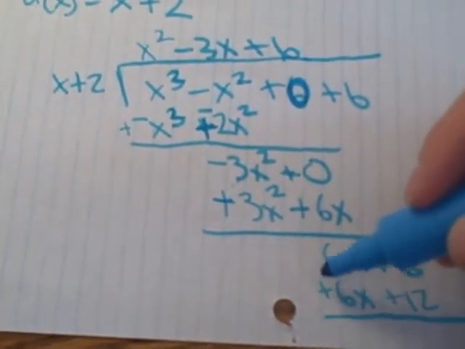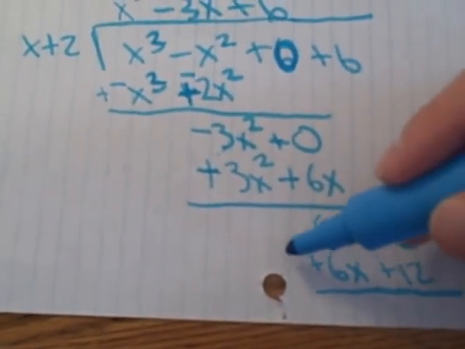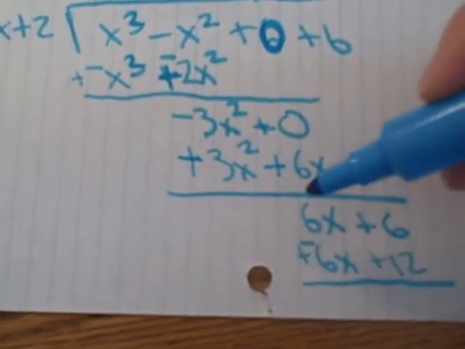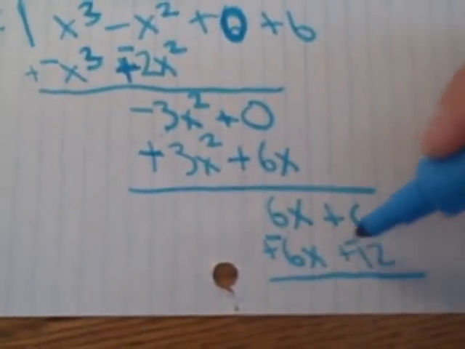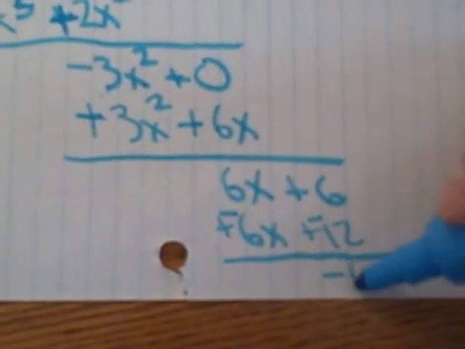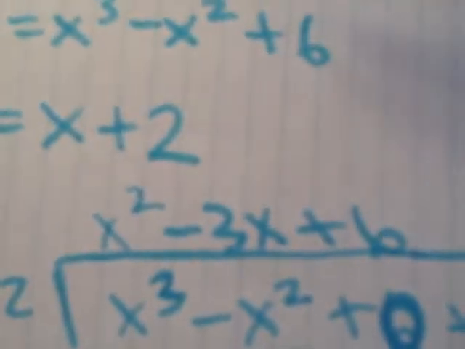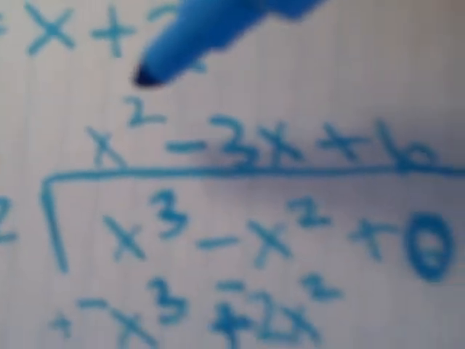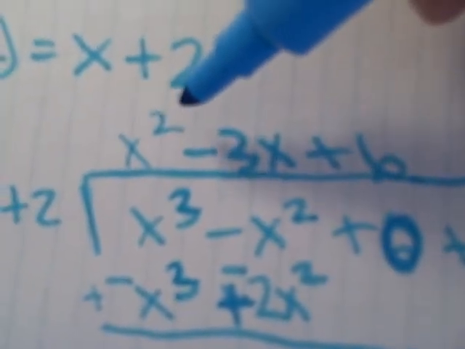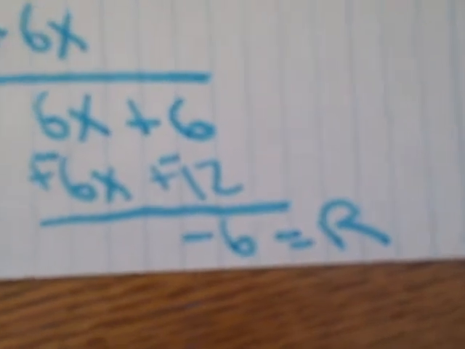But just for the basic rules again, you want to change the symbols to a negative. Change that to a negative. So those would cancel out. And then this would equal negative 6. And that would be our remainder, because when you go back up, it was x squared minus 3x plus 6 with the remainder of negative 6.